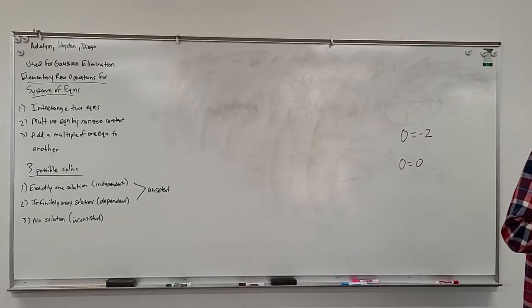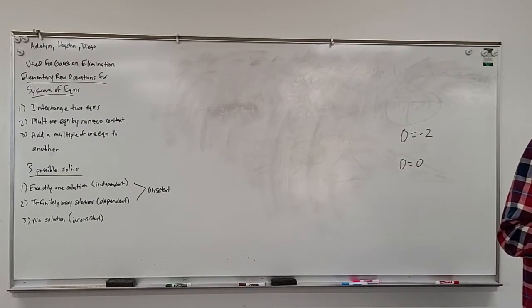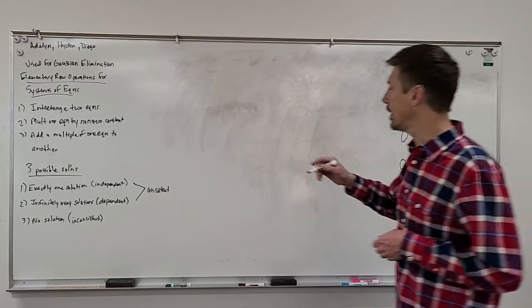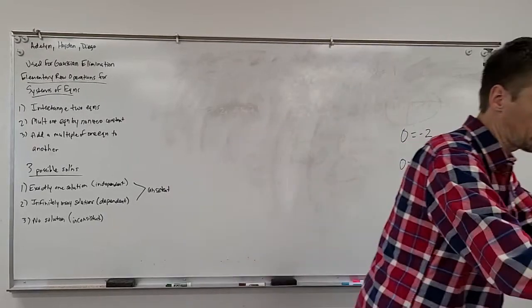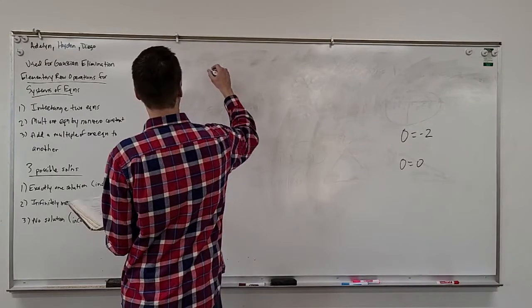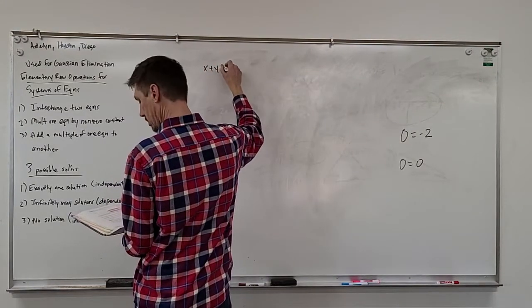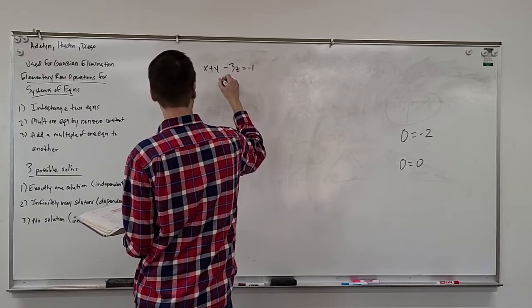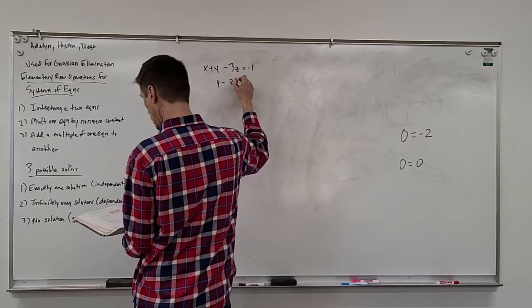And so what we're going to do in this one, in order to figure out what the ordered triple would be, is we ended up being left with these 2 equations here. x plus y minus 3z equals -1, and y minus z equals 0.